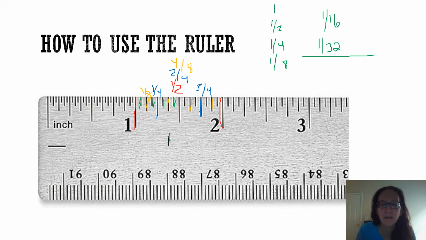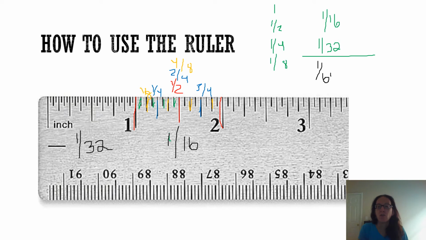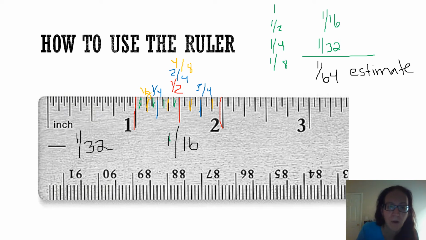This ruler in this spot here can only accurately measure to 1/16 of an inch, but over here, the ruler can actually measure to 1/32 of an inch accurately because it's actually on there. The 1/64 of an inch will be an estimate. So you're going to take that last value and estimate it. I'll give you an example of what we mean by that.